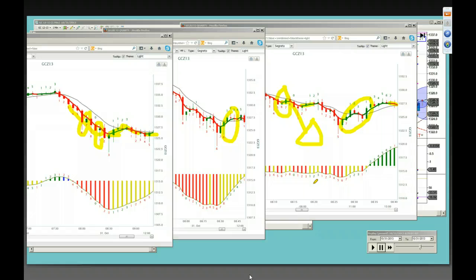Gap close at the higher equals reversal in the lower time frame. Exactly, John. That's what I always say. A gap trade on the higher time frame causes a reversal on the lower time frame, because that's where the majority of your traders are.